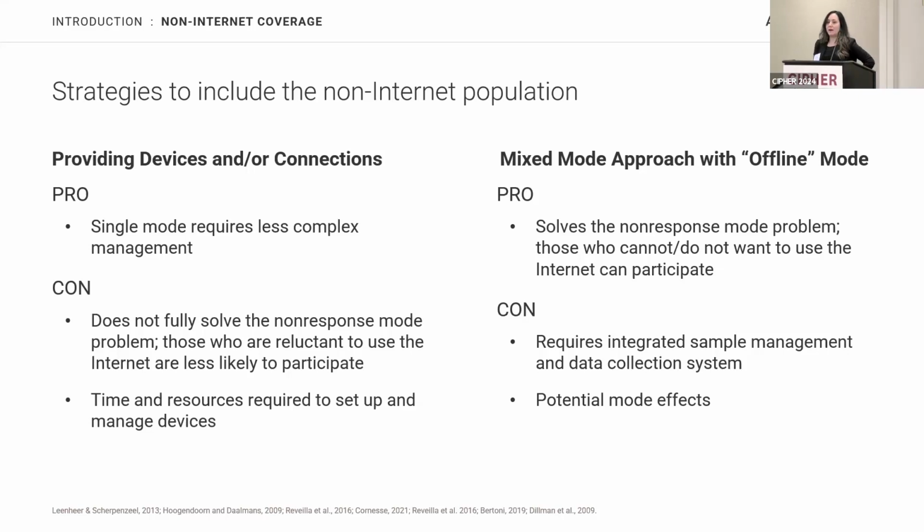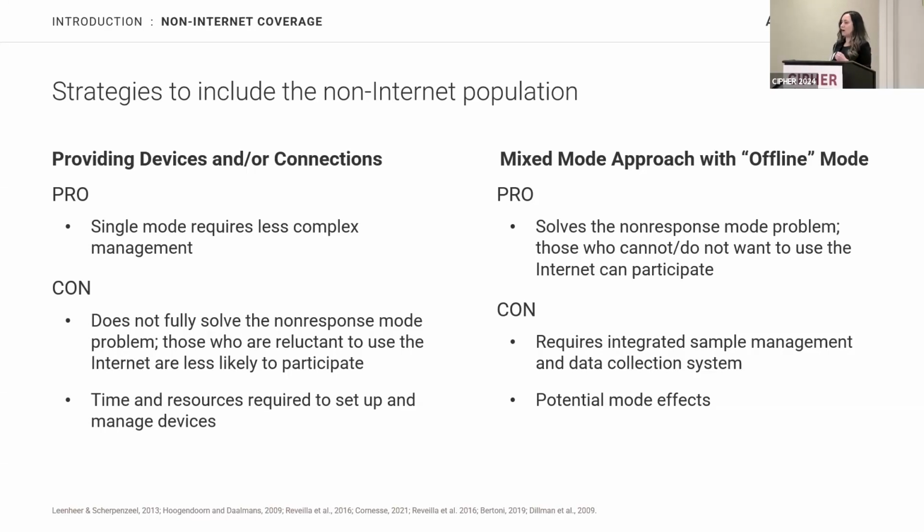So as we know, there are two main strategies to include the non-internet population in web-only or web-mostly panels. Number one is providing devices and/or internet connection, but one of the disadvantages of this approach is that it does not fully solve the non-response mode problem, right?